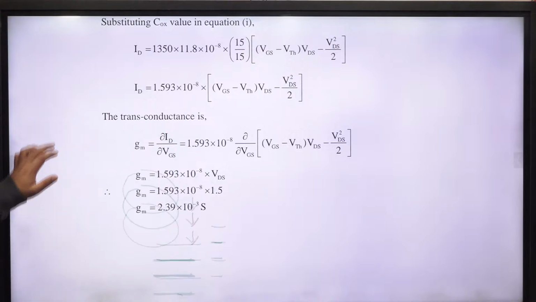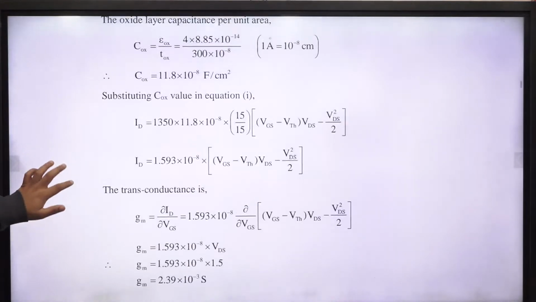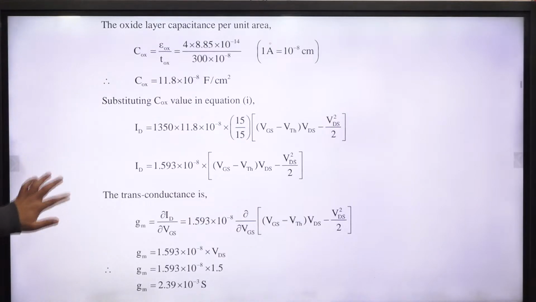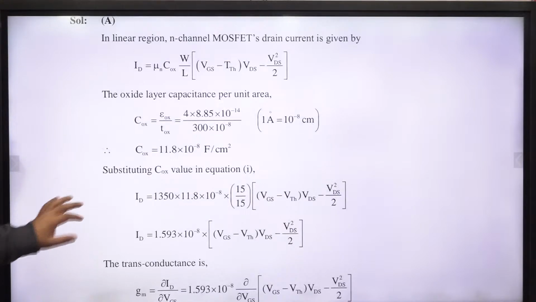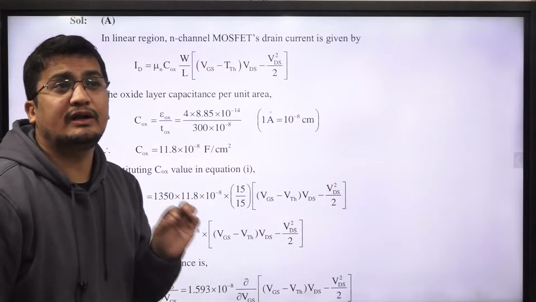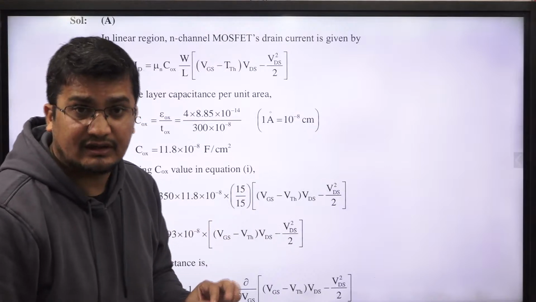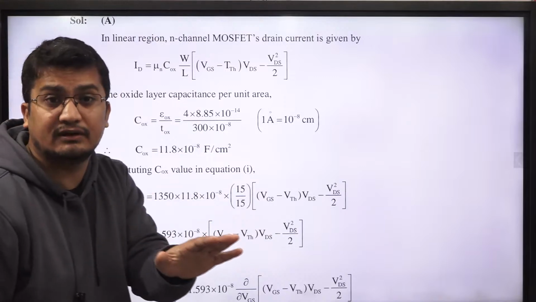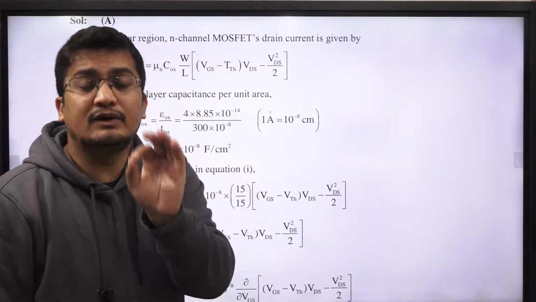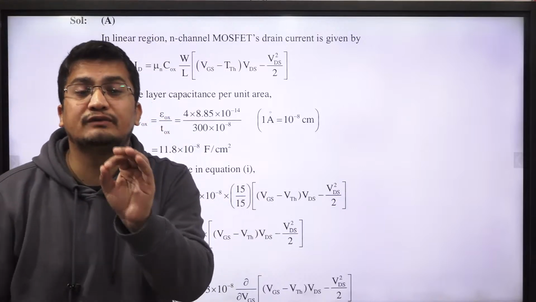That's what I'm telling you. I'm repeating again, most of the time students skip these kinds of questions. They believe this question is very difficult or lengthy, but you can see clearly it's not lengthy. The very first thing is to write the current and voltage equation. Then you need to find mu n, Cox, W by L. Everything was given. Mu n was given, W was given, L was given, Cox you were supposed to calculate.